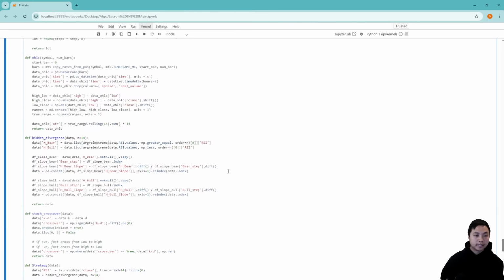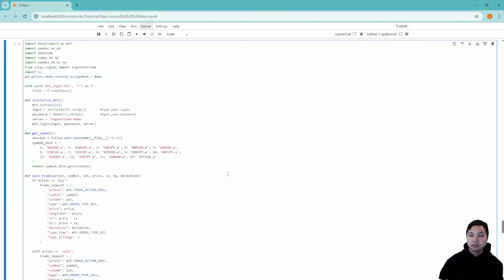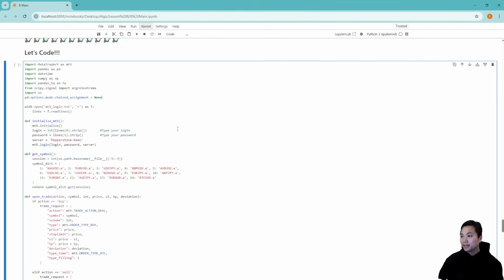So now let's have a quick recap of what we've done so far throughout the lessons. We start by importing all these essential libraries that we need: the MetaTrader package for trading, pandas and numpy for handling the indicators and the data, and then TA for the technical analysis indicators.